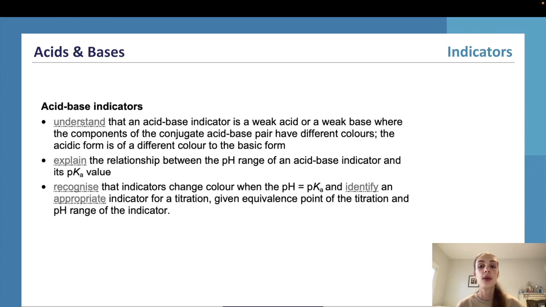And so hence, we'll be able to identify an appropriate indicator for a titration, given the equivalence point of the titration and the pH range of that indicator. And so that will make a lot more sense when we then go into the concepts of titration.